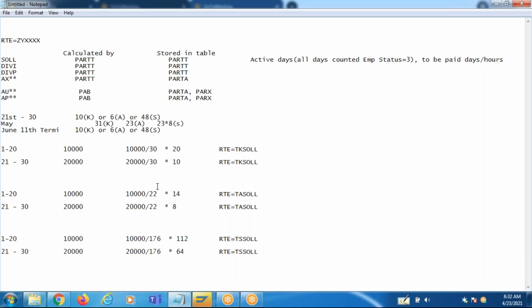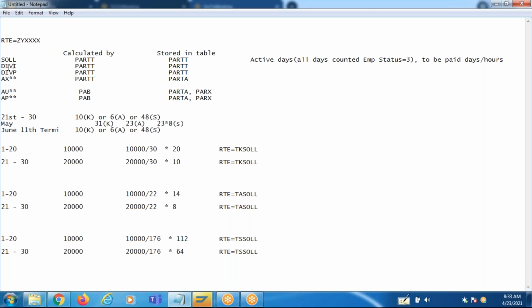Okay, now what is this value? If you see DIV, that is a divisor. DIV parameters are used for the rates calculation, guys.